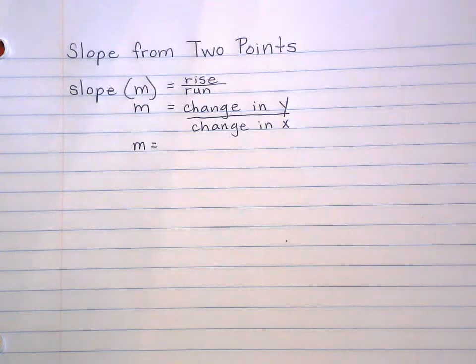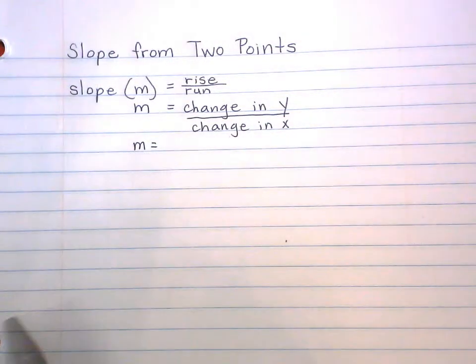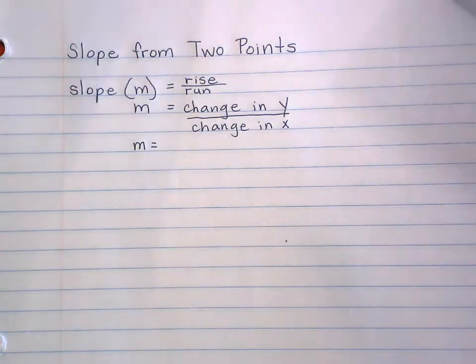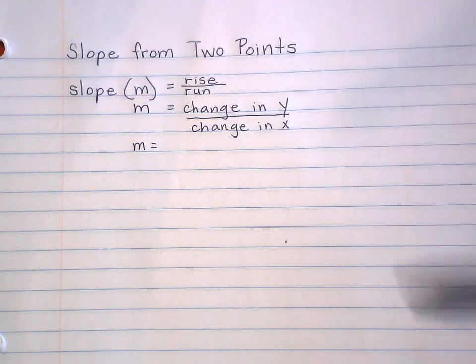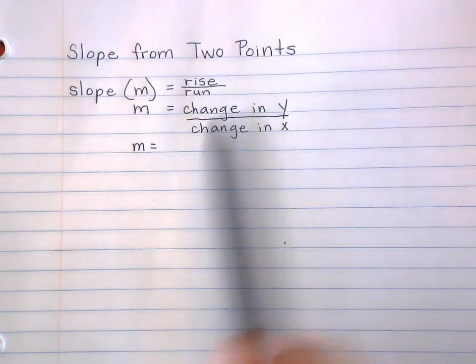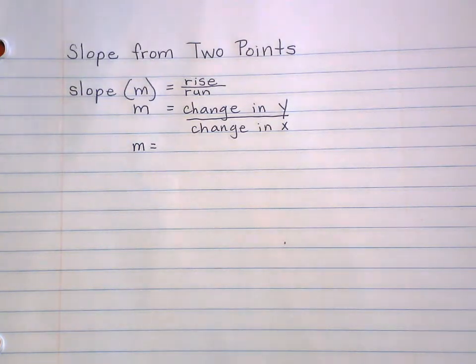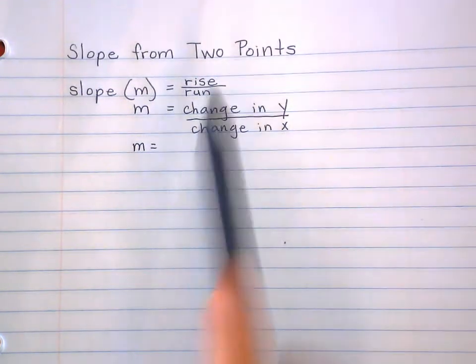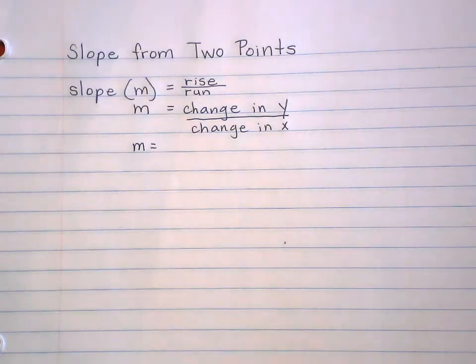So the title is Slope from 2 Points because we're given 2 points. Now, it is important to remember that slope is the variable m, and it's rise over run. So it's always rise, the change in y, in the numerator, you do that one first, over run, change in x, in the denominator.